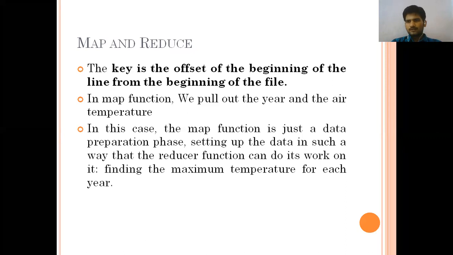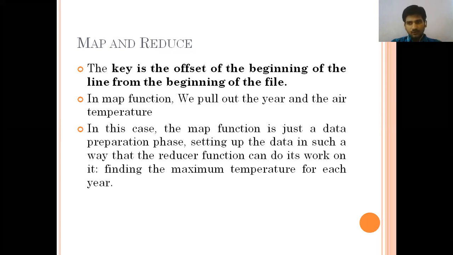So we divide it into two parts, the map phase and the reduce phase. The map phase takes the NCDC raw data and pulls it out into key-value pairs. Once the key values are assigned, the reduce function takes care of finding the highest temperature, the maximum temperature.